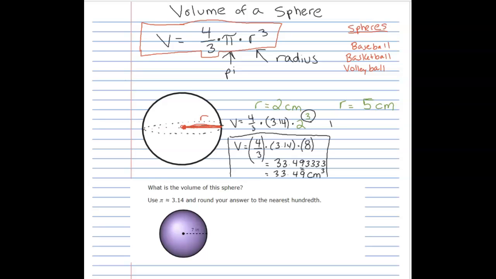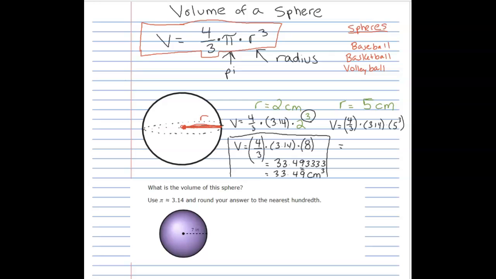Same thing with 5. 4 over 3, parentheses, times 3.14 times 5 to the third. If you want to put all this in your calculator, go for it.